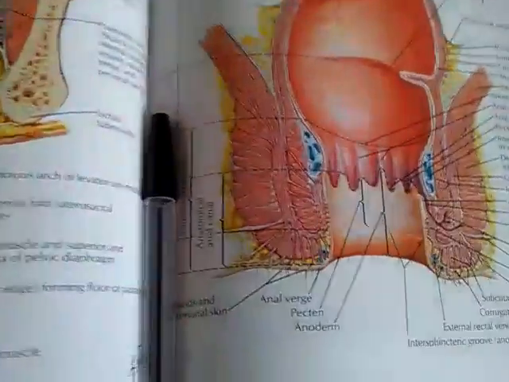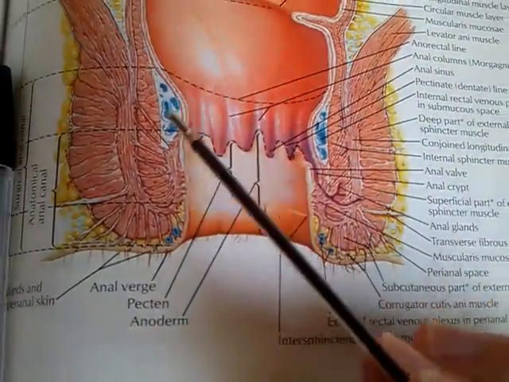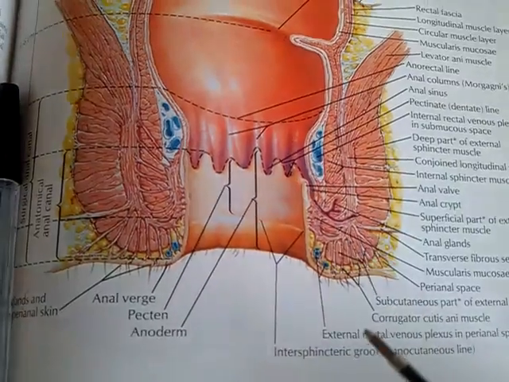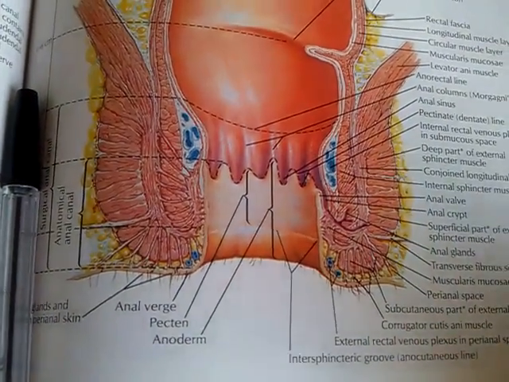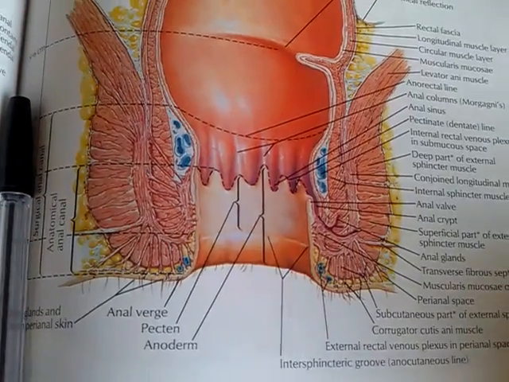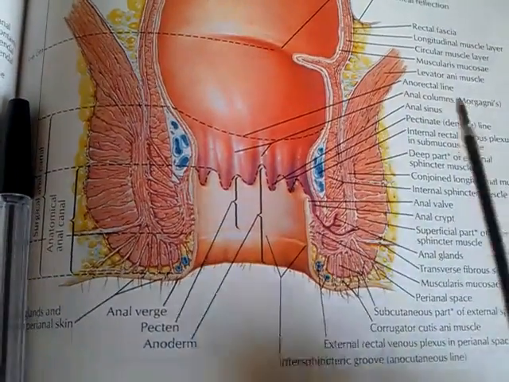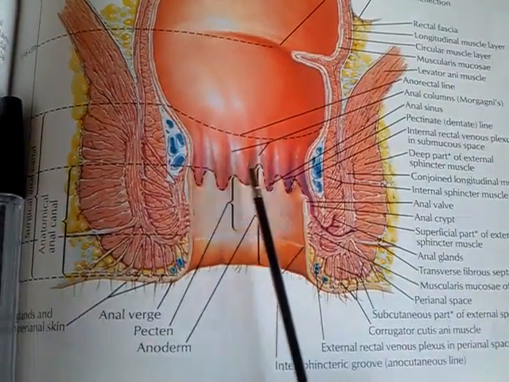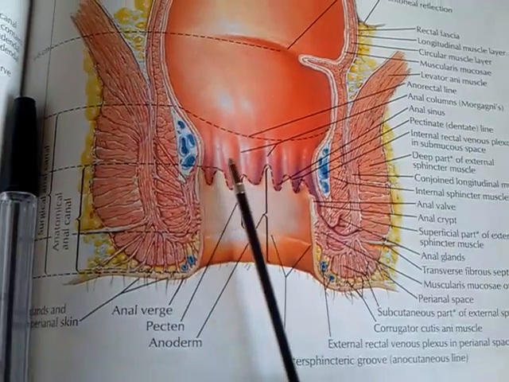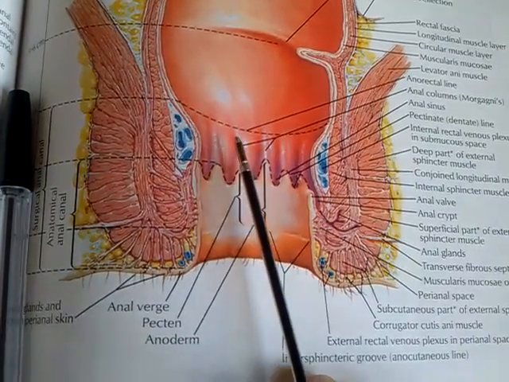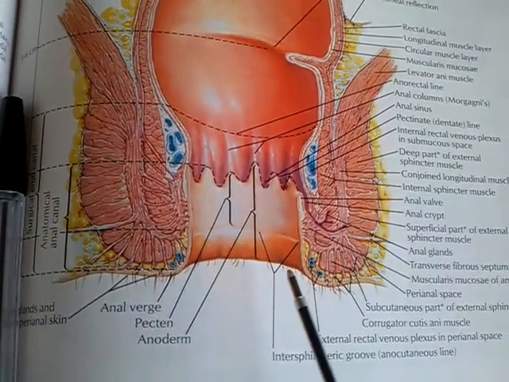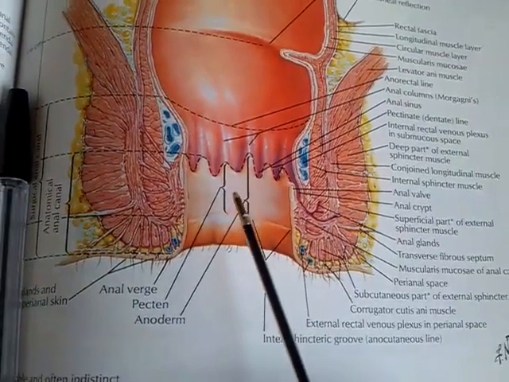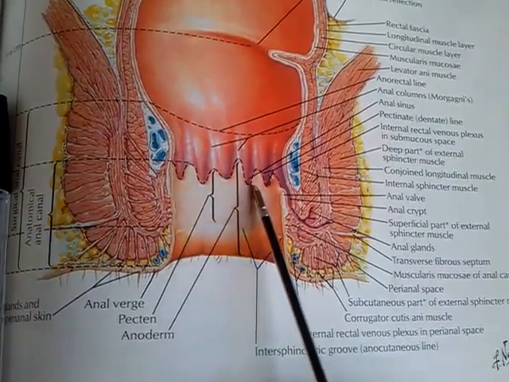Lastly, we have the anal canal. It is about 4 centimeters long, and the mucosa is folded into vertical folds called anal columns, that are separated by vertical grooves called anal sinuses, and sinuses are closed inferiorly by anal valves.